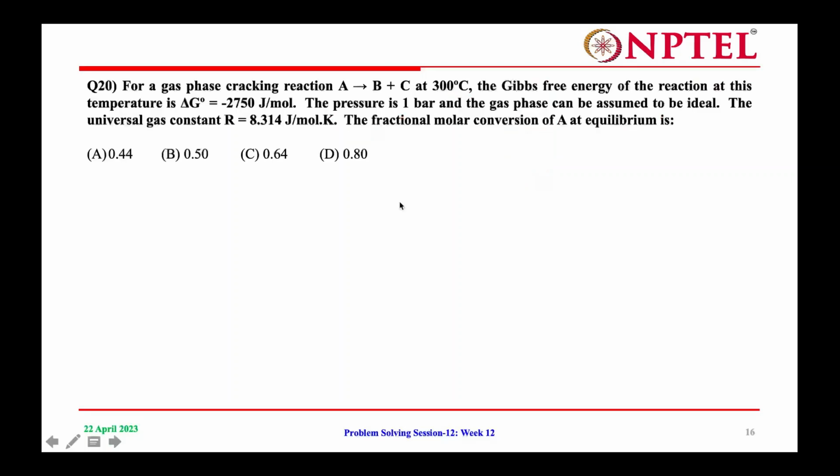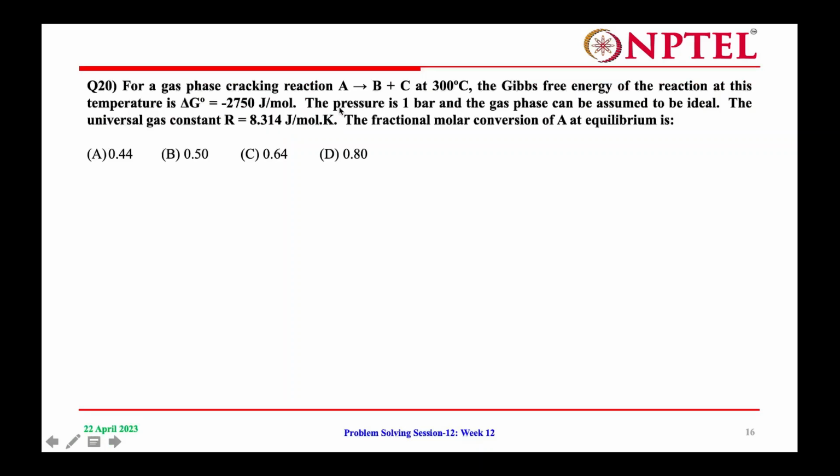What is the value of P? P is 1 bar. So x is equal to 0.8. So the fractional molar conversion of A at equilibrium is 0.8. So option D is right. Clear or not?